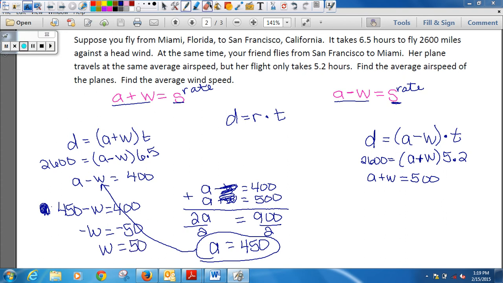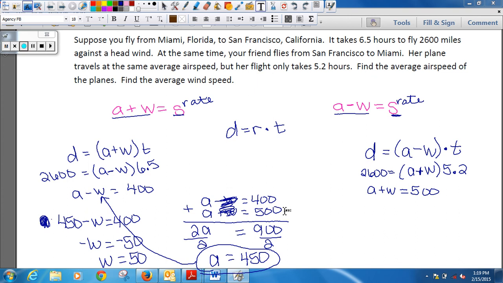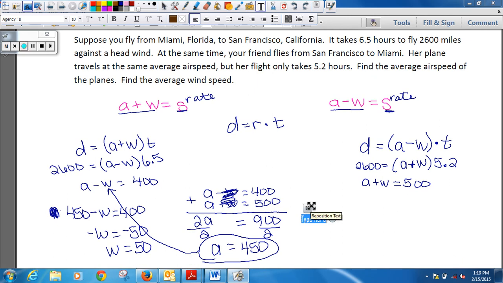I have a and w both solved for, so now I can write my statement. The average airspeed is 450 miles per hour, and the average wind speed is 50 miles per hour.